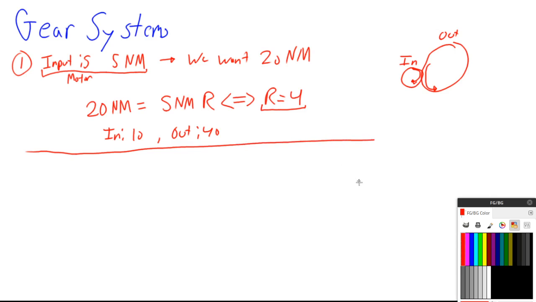Let's look at another case where our motor can go, let's say, input is 20 RPM, and let's say that we want our output speed to be 100 RPM.